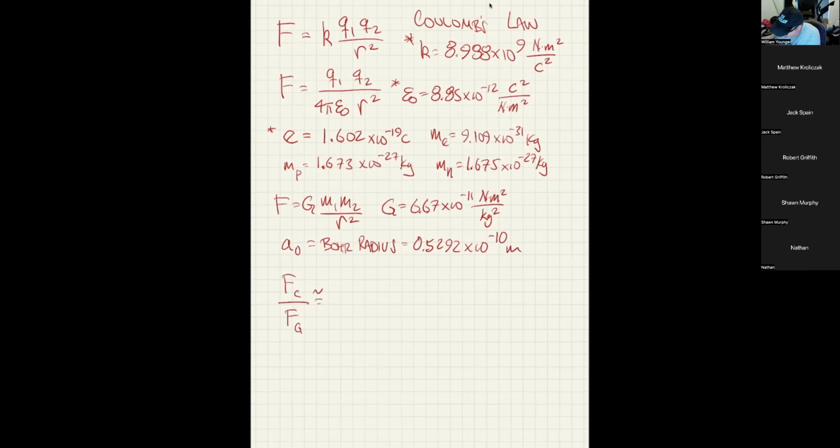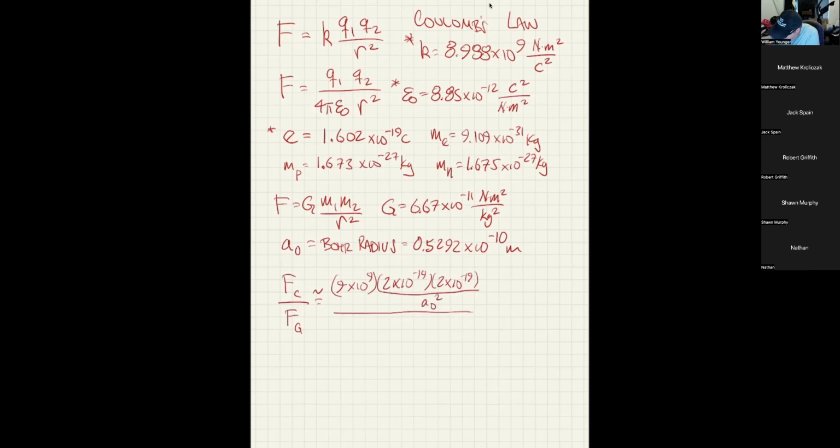So for instance, we'll just say this is 9 times 10 to the 9 times 2 times 10 to the negative 19 times 2 times 10 to the negative 19. See, it's 1.602, but that rounds to roughly 2. And that would be over A0 squared.